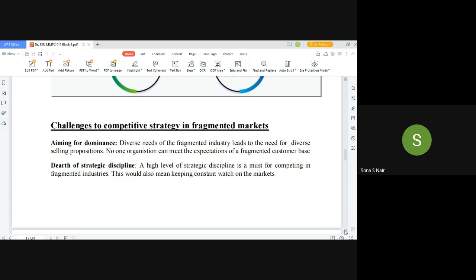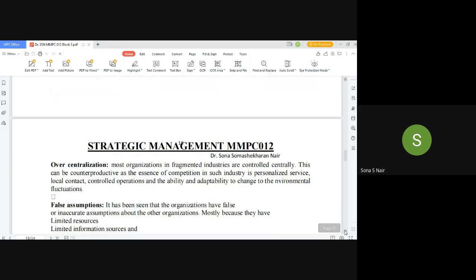So there is no strategic discipline or some kind of direction which can be seen in a fragmented market. Over centralization would mean most organizations in fragmented industries are controlled centrally. They are smaller players. They are controlled centrally, with over centralization and not too much adaptability to the environmental fluctuations.